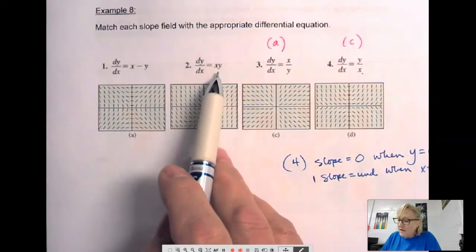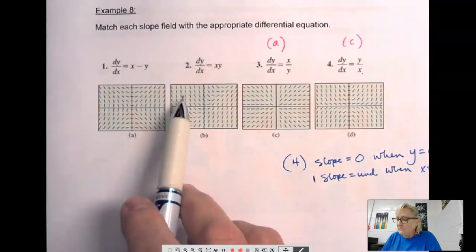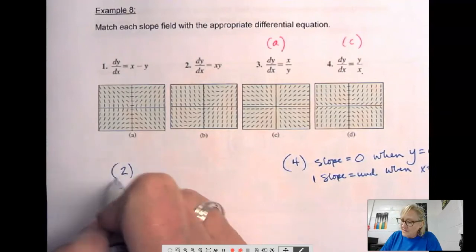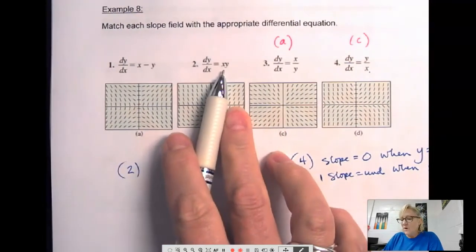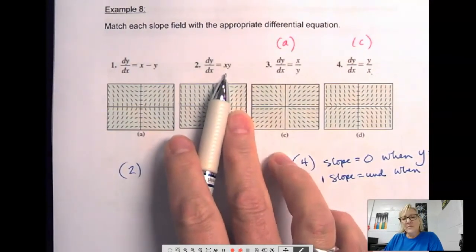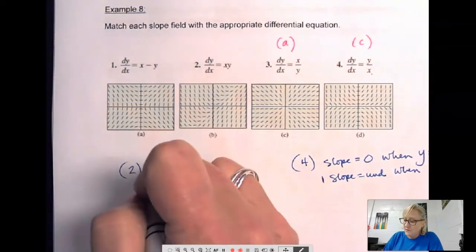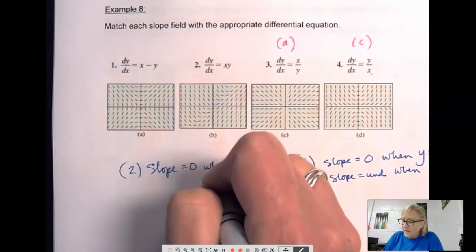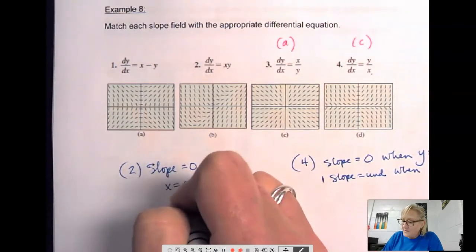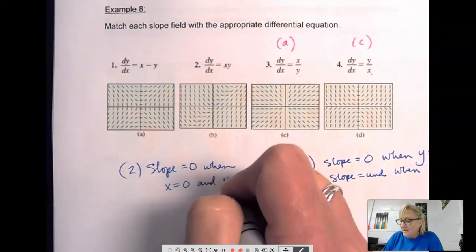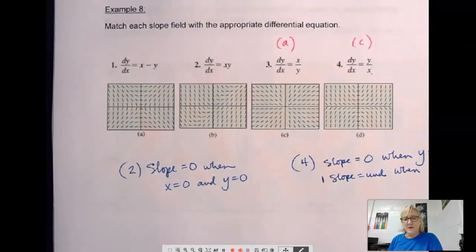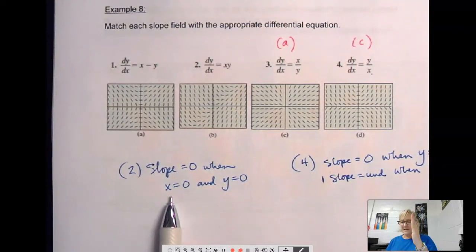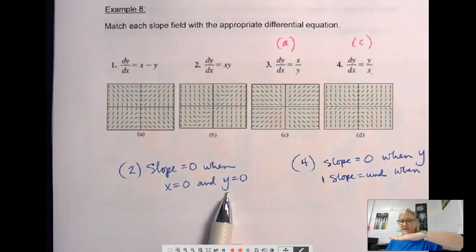Okay, let's go to this one. Number 2, let's make some notes. Okay, when would this be 0? Well, that would be 0 if x or y was 0. So the slope would be 0 when x was 0 and when y is 0. Okay, so x equals 0 along the y-axis, y equals 0 along the x-axis.